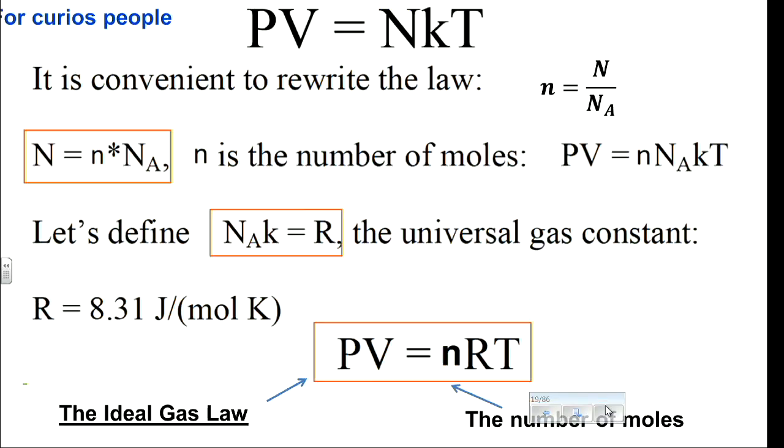You can do some algebra and derive that equation from that equation. It's just a matter of substitution. The universal gas constant is just a product of Boltzmann's constant, which is a part of the definition of absolute temperature, and Avogadro's number, which is basically a part of the definition of a mole.